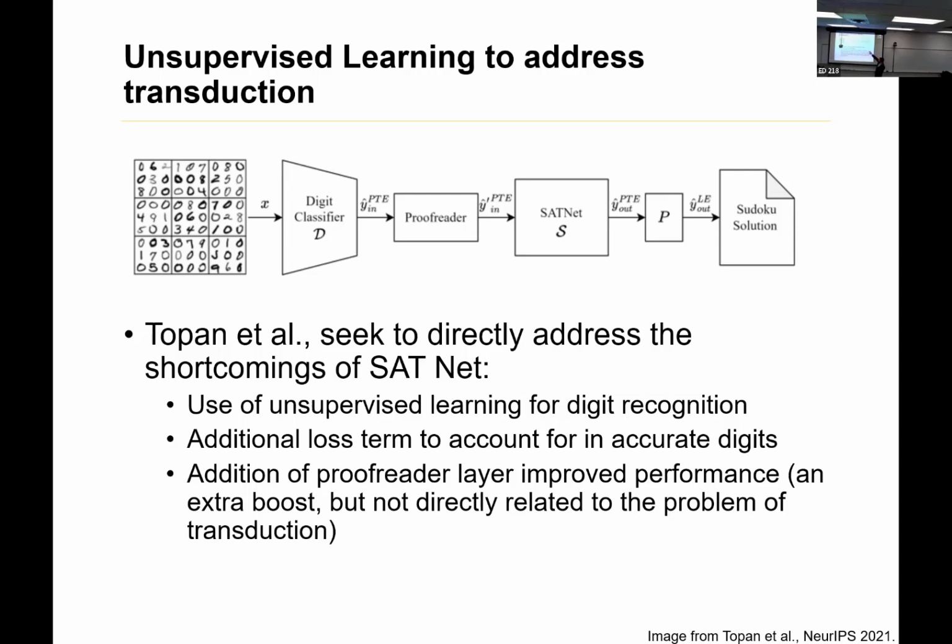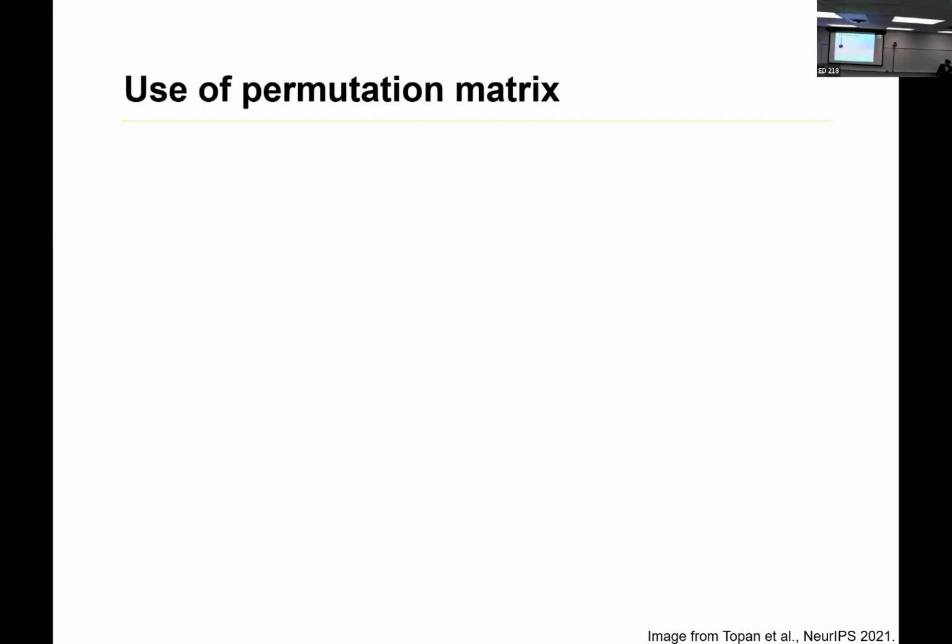And then they had an additional loss term to account for accuracy in the digits. And then they also had this additional kind of proofreader layer to improve performance. I don't think I'm going to cover that here though. That's just an additional optimization.